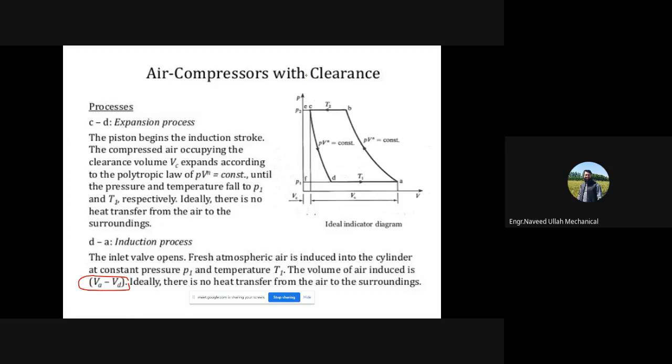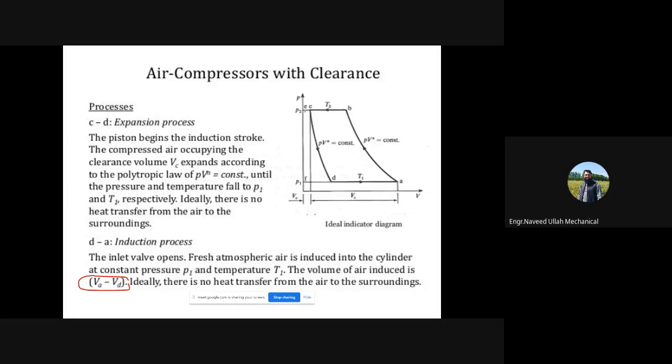Now from now onwards, remember that we have developed relationships and we discussed different things for the previous case, and that case was reciprocating air compressor without clearance volume. ठीक है? तो अब हम with clearance volume करेंगे ना, we will not be going into too much detail, but we will be just changing and altering those relationships. ठीक है?